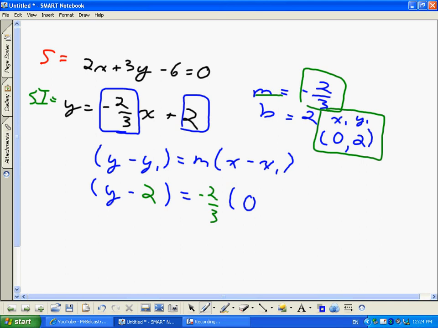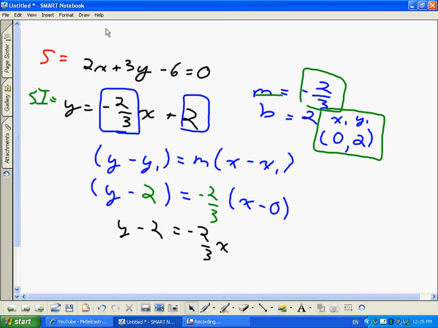And 0, whoops, x subtract 0. Well, in this case, we can even simplify this one, okay? We got lucky. We can get rid of all these brackets here. This says y subtract 2 is equal to negative 2 over 3. And in our brackets, x subtract 0 is just going to be x. So negative 2 over 3 times x is just going to be negative 2 over 3 x. Okay? So I simplified it a little.